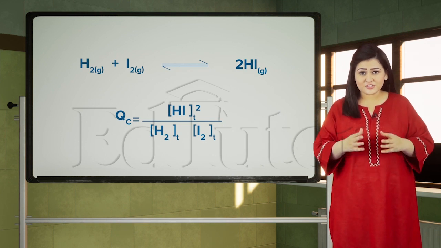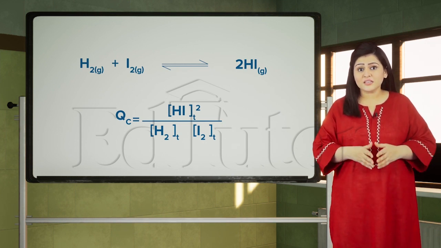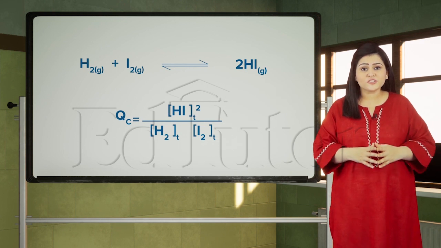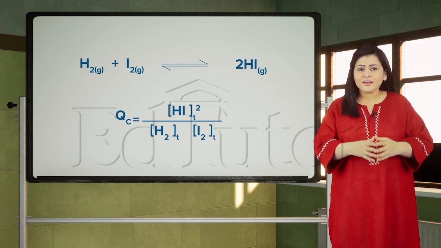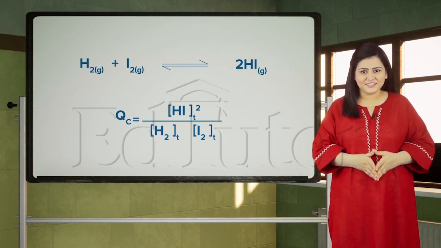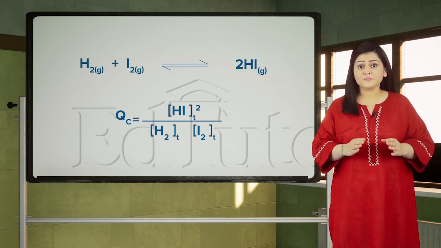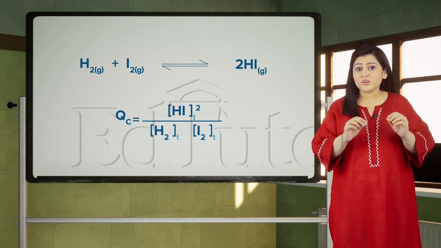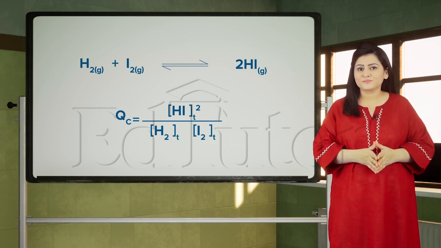In this equation on the screen, Qc is equal to the square of the concentration of hydrogen iodide divided by the product of the concentration of hydrogen and iodine. Remember to place T in the subscript of all the concentrations.